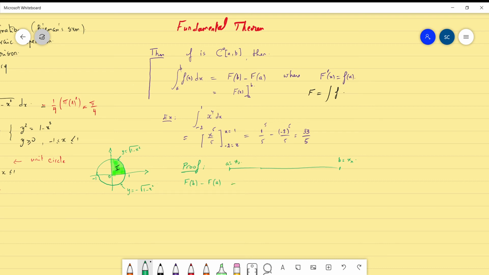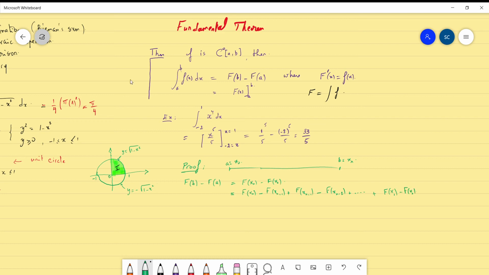Then I will write F(xn) minus F(x0). Then I will add one term and subtract the same term, so that I don't modify my equality. So I will have F(xn) minus F(xn-1) plus F(xn-1) minus F(xn-2), etc., up to F(x1) minus F(x0).